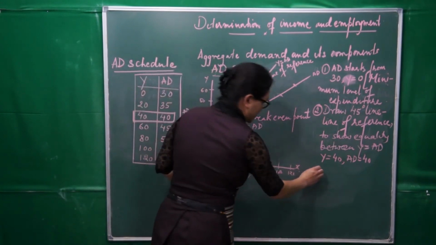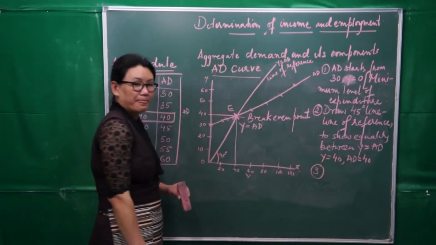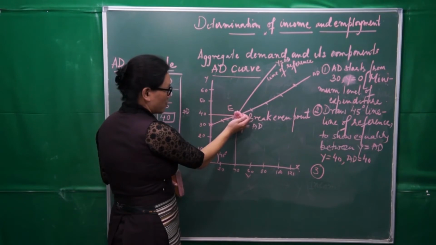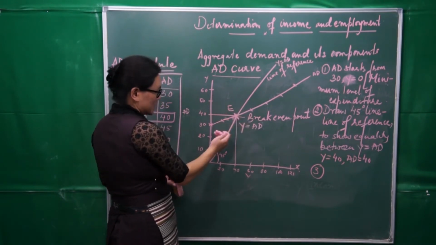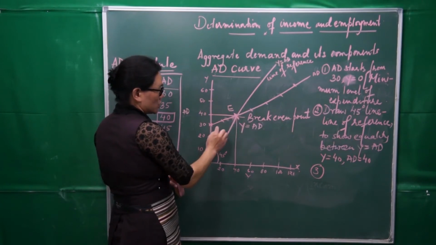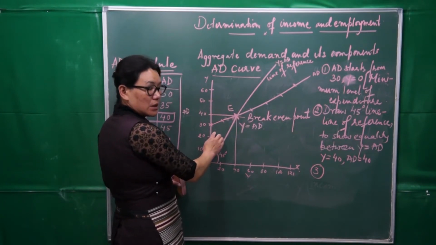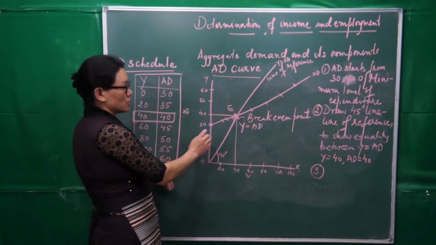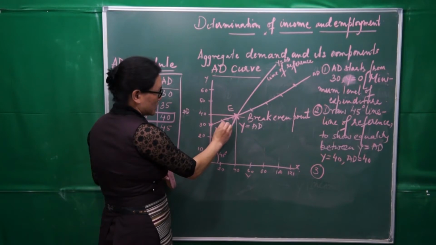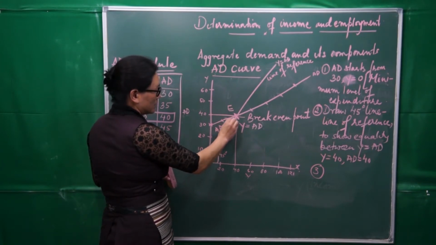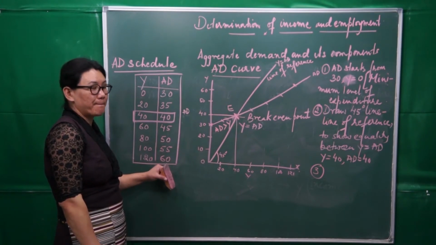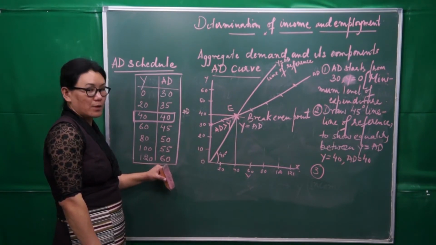Third observation from it. Now we need to see prior to this point, that is here. This one portion. It shows what? When we look at the diagram, it shows AD is greater than y here. Right?